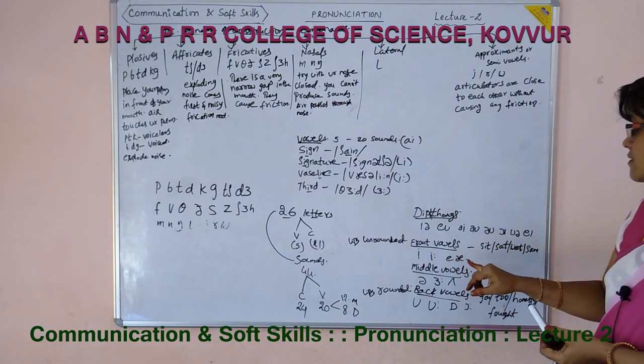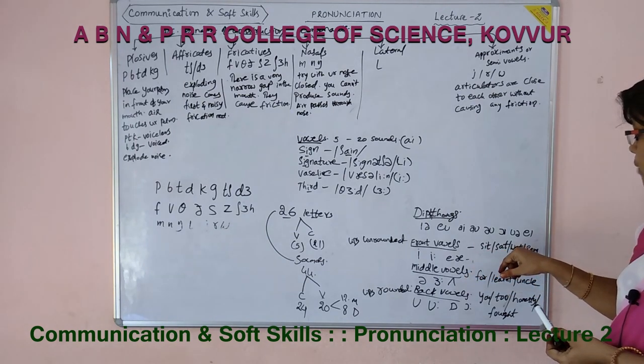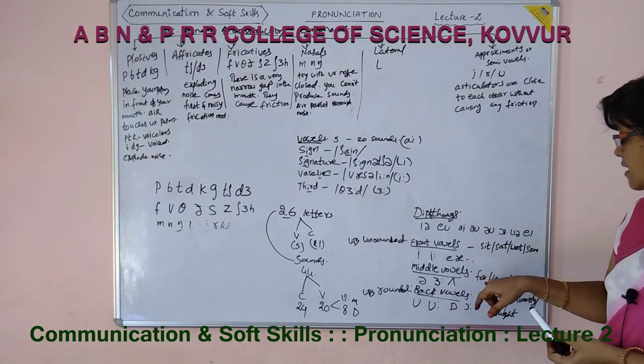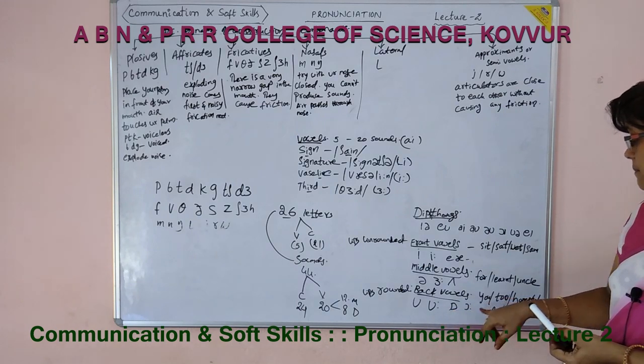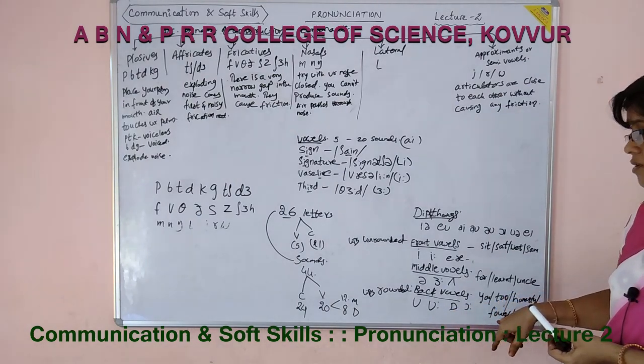Front vowels are like sit, sat, wet, sam. Central vowels: fur, learn, uncle. And for back vowels, examples are you, to, honesty, fought.